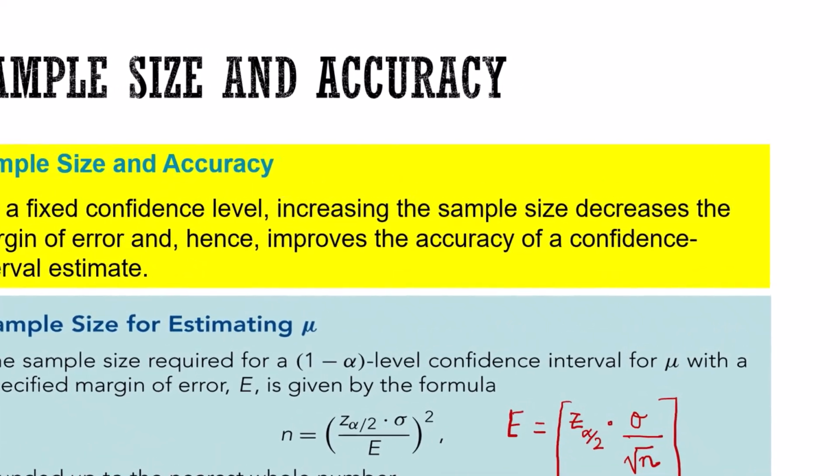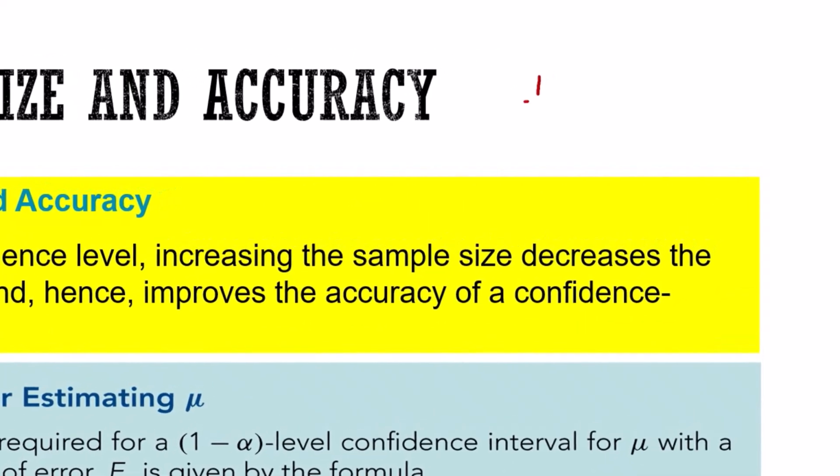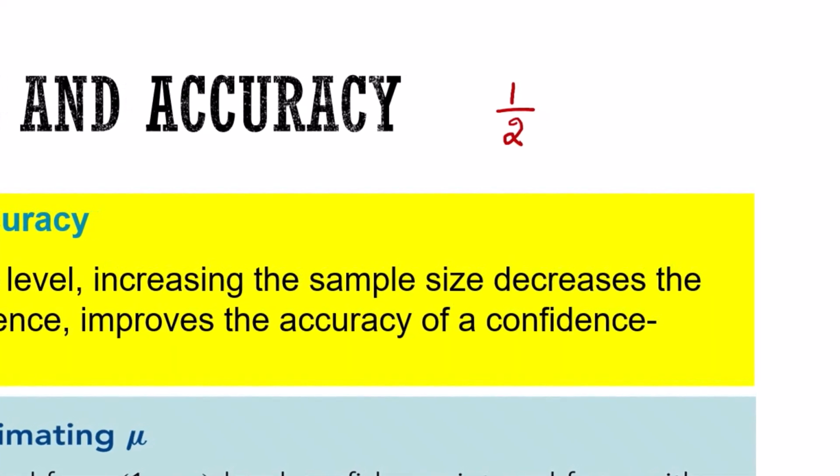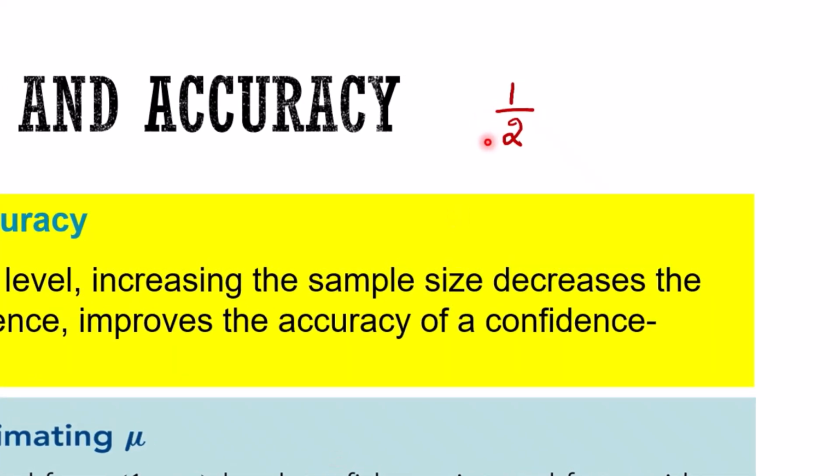For example, let's look at this fraction 1 divided by 2. Here the denominator is a 2. It is 1/2. Now if I increase the denominator and write it as 1/4, what happens? This whole quotient 1/4, 0.25, is smaller than 0.5, which is the quotient of 1/2. If we increase it further, 1/6, that's even smaller than 1/4 or 1/2, correct?